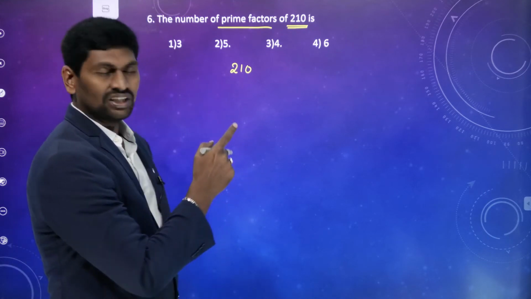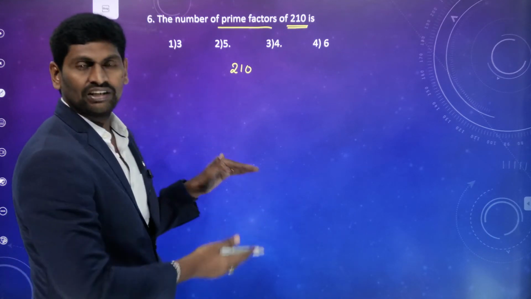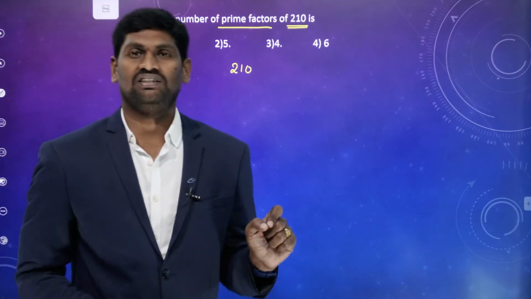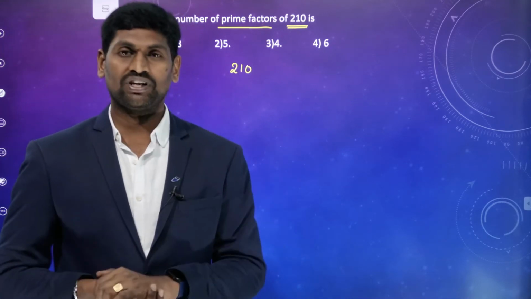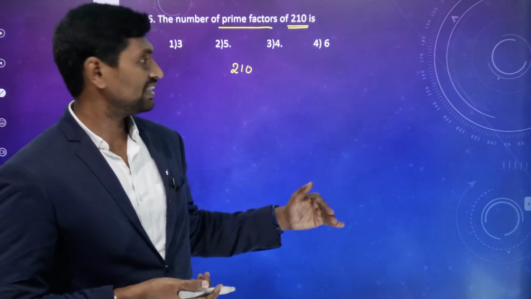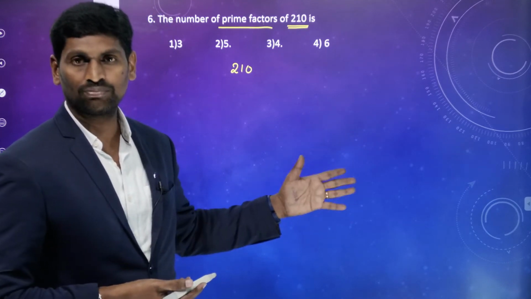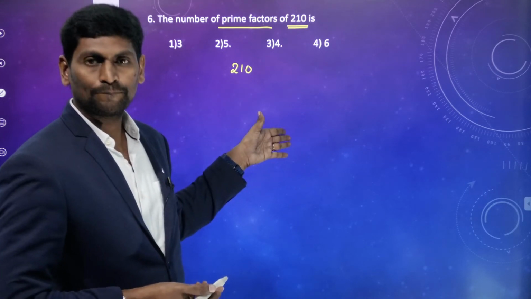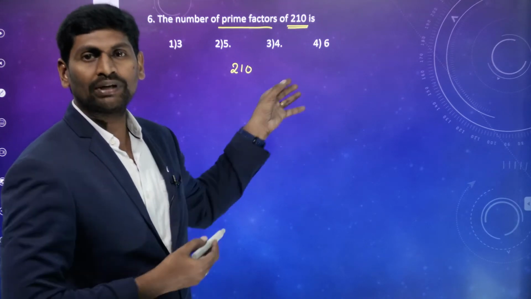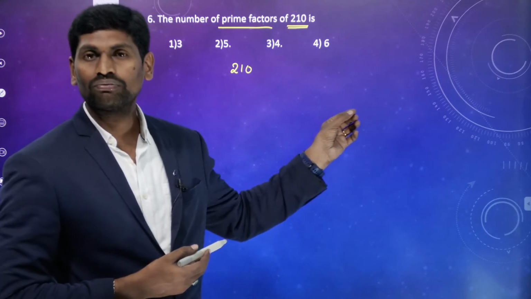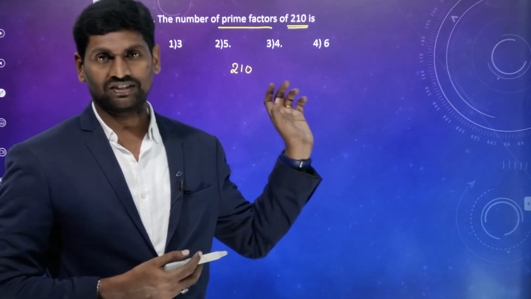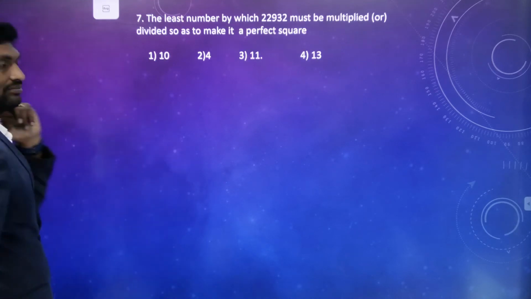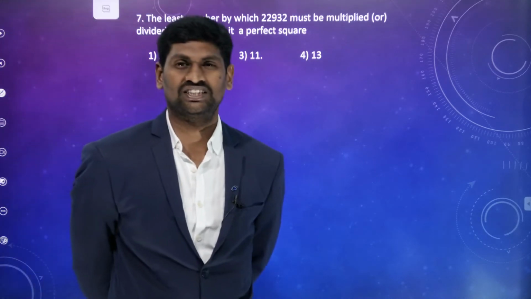Prime factors are the prime numbers in the overall set of factors. How do you find them? Same process: you find the prime numbers only in the set of factors. So you try to do this problem. Next, the 7th one, because it is easy, no?